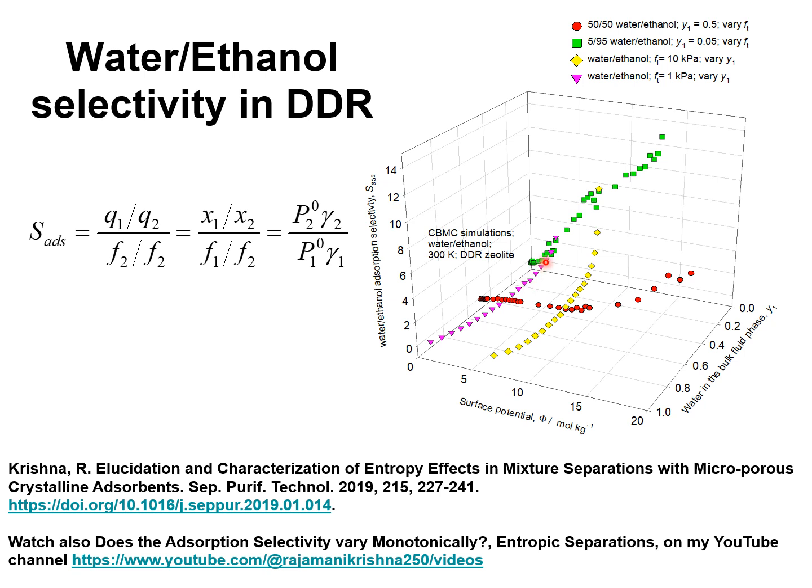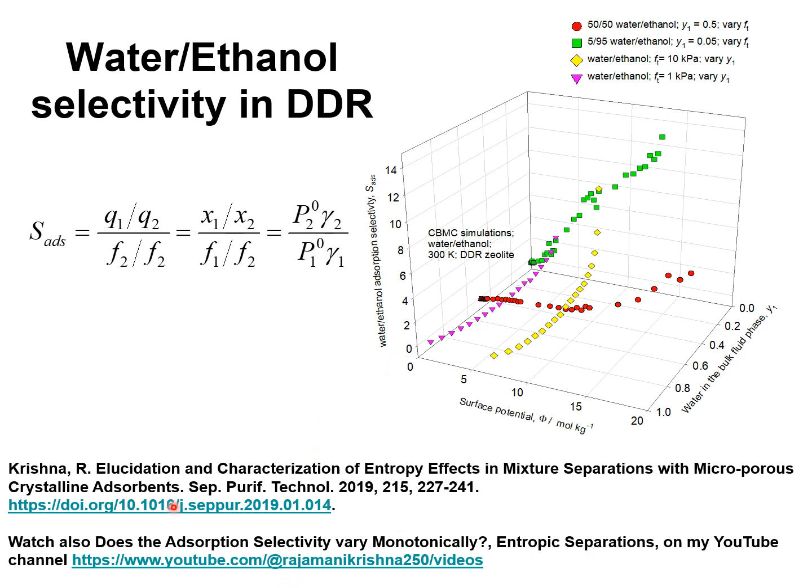The inverted yellow triangles are for water ethanol mixtures in which the total fugacity is 1 kilopascal and the mole fraction of water in the bulk fluid mixture is varied from 0 to unity. The 3D plot here is one in which the water ethanol adsorption selectivity is plotted as a function of both surface potential and mole fraction of water in the bulk fluid phase mixture.